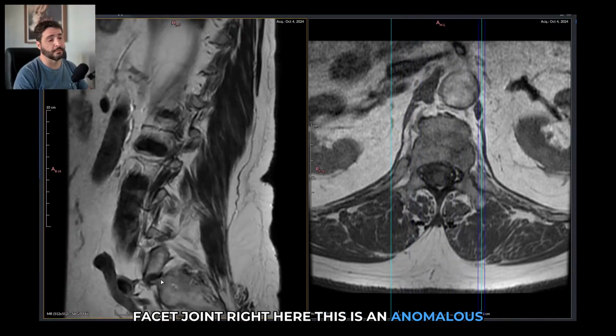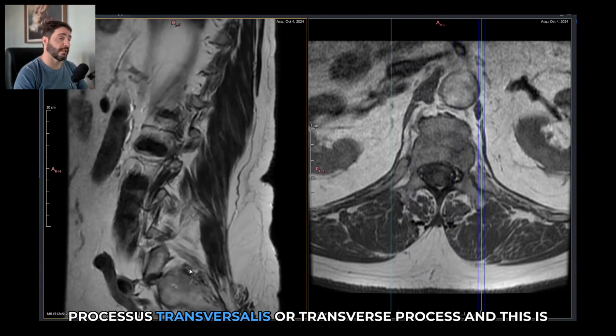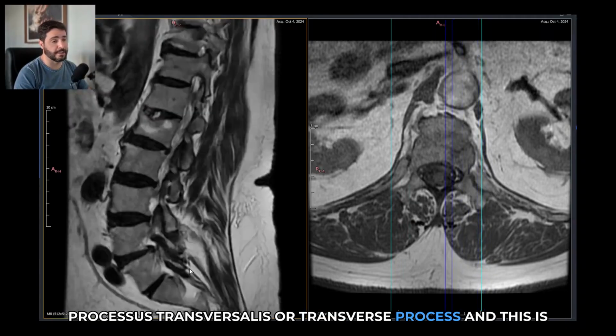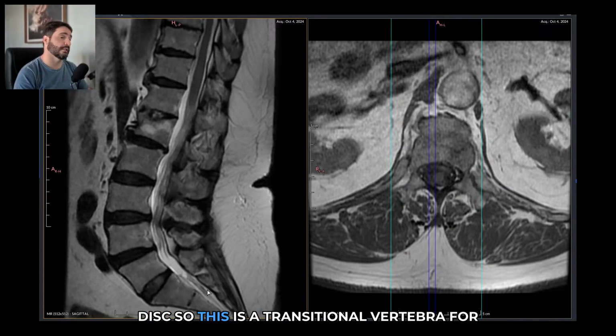This is an anomalous joint right there with the left processus transversalis or transverse process, and this is a smaller than normal, a hypoplastic intervertebral disc. So this is a transitional vertebra for sure.